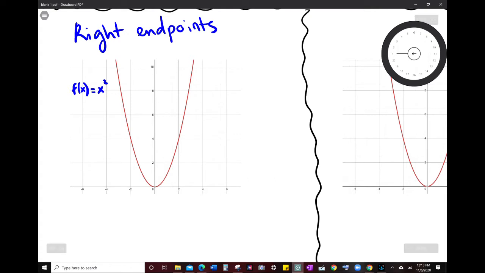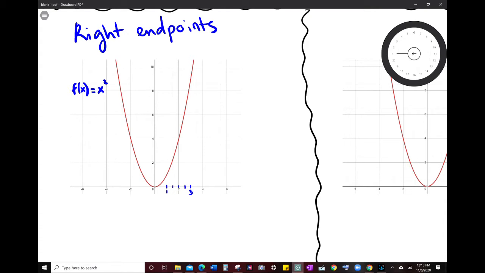On my graph, I already graphed x squared, and I will see 1 to 3. So 1 right here and 3 right here. And I divide it into 4 equal parts, just like what we did earlier.